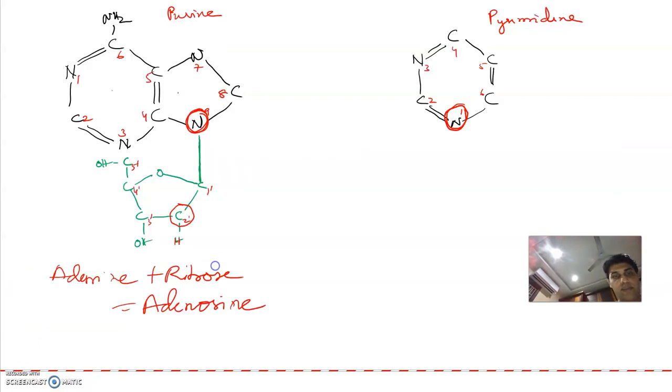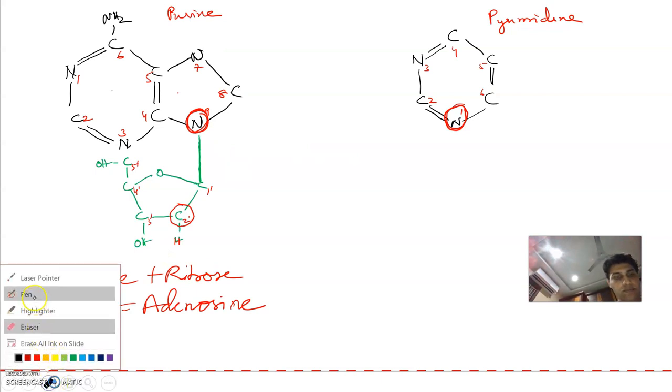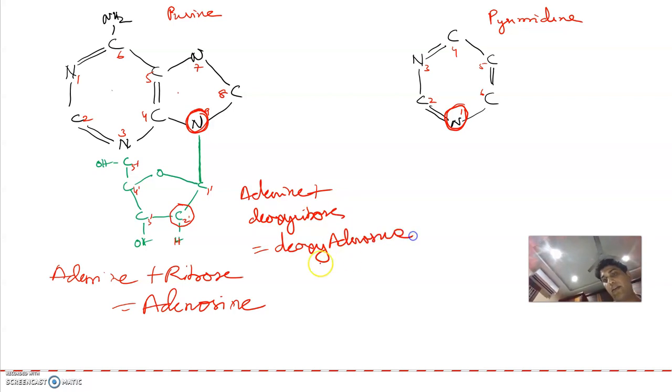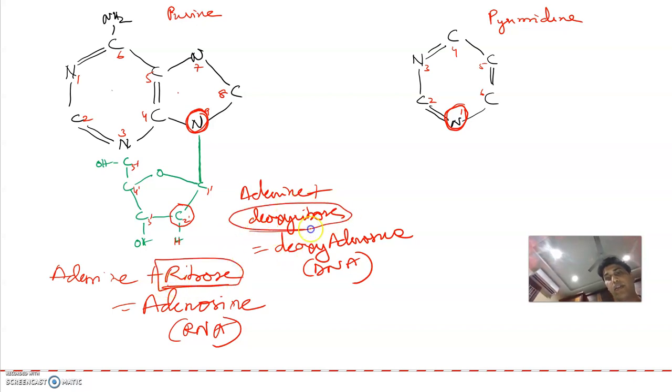So this now becomes adenine plus deoxyribose, which is deoxyadenosine. This we see in DNA. Adenosine we see in RNA, because RNA uses ribose sugar and DNA uses deoxyribose sugar.